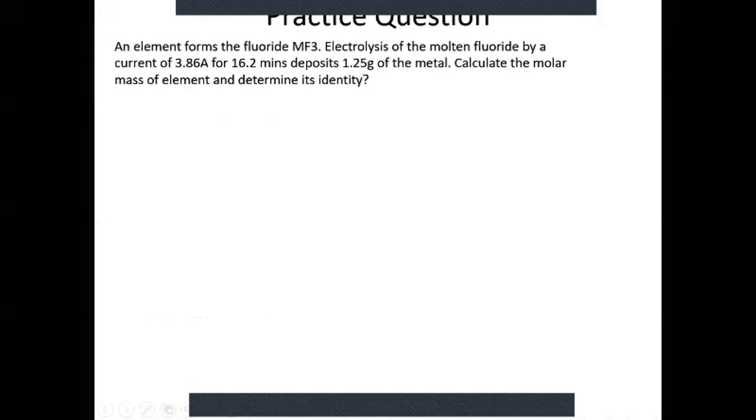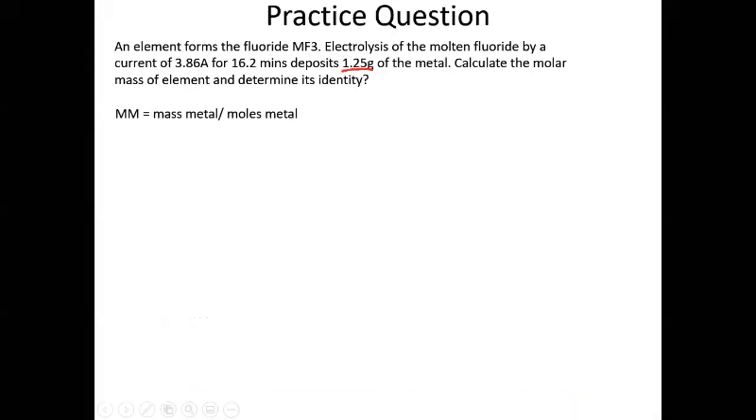So what's molar mass? Mass of metal over moles of metal. Do we know the mass of metal? Well, yes, we do. It's 1.25 grams. Do we know the moles of metal? No, we don't. So we need to find the moles of metal. How do we find the moles of metal?